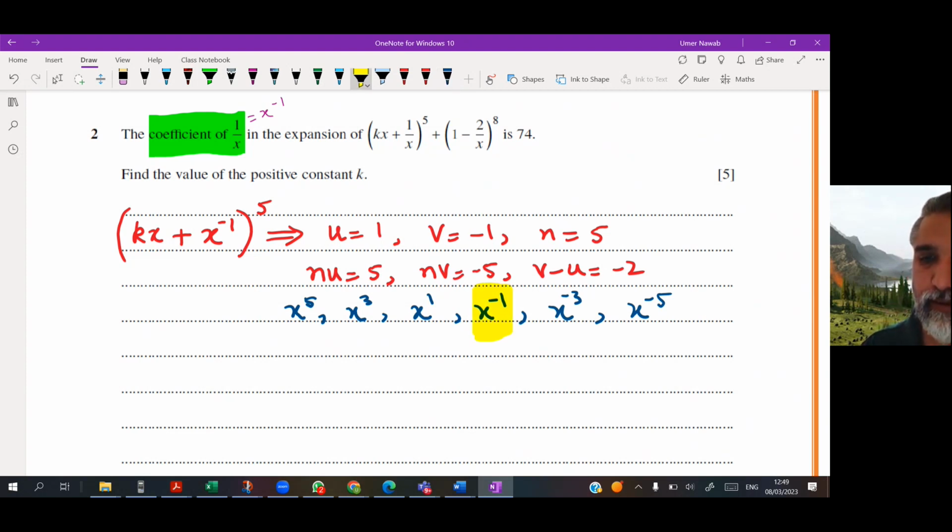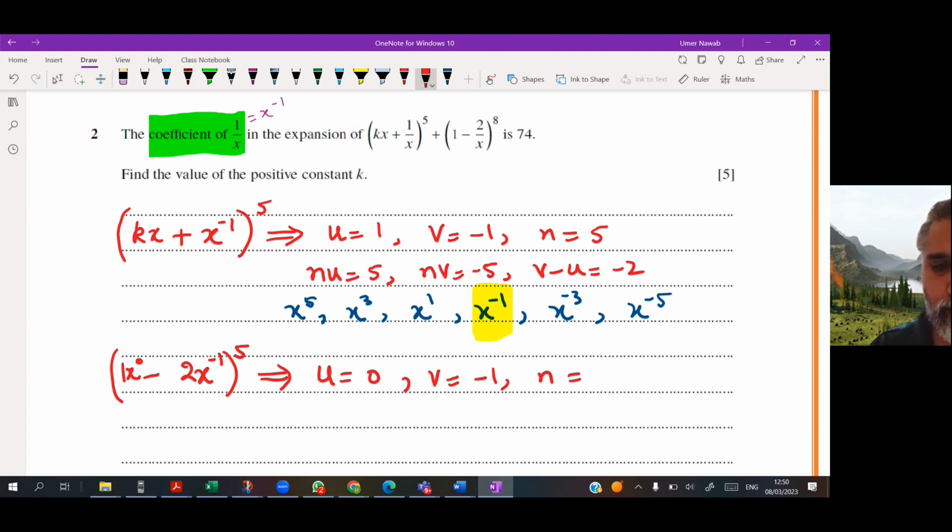So I'm interested in this term. Also, he gave me (1 minus 2 x power -1) power 8. My u is equal to 0 because x power is 0. V is -1 and n is 8. Can I find my nu, which is 0, nv, which is -8, and v minus u, -8 minus 0, -8.